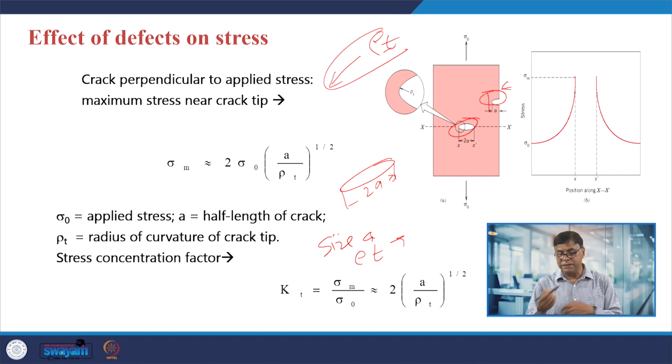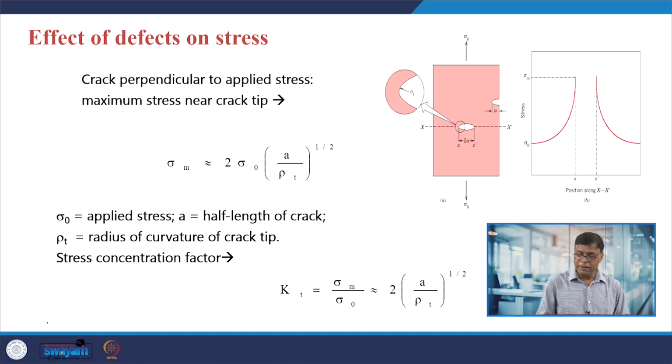Due to the externally applied loading for a given cross sectional area, a nominal stress sigma naught is coming. Then for a given nominal stress, if there is a defect of size A for external and 2A for internal, how will the maximum stress occurring in the vicinity of the defect be affected?